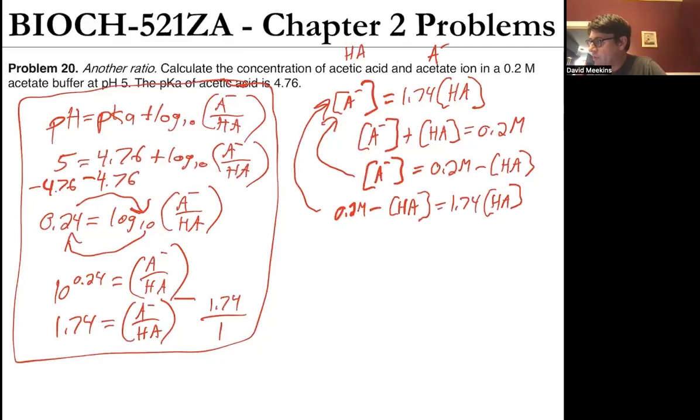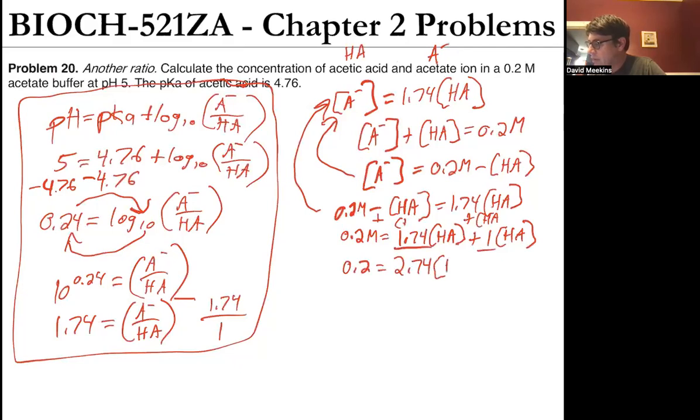So we can rearrange that a bit further algebraically and do 0.2 molar equals 1.74 times HA, and then we're adding plus HA to either side, so plus 1 HA, or the acid concentration. That gives us 0.2 equals 2.74, because we're adding 1.74 plus 1, times HA. So now we can divide by 2.74 on either side.